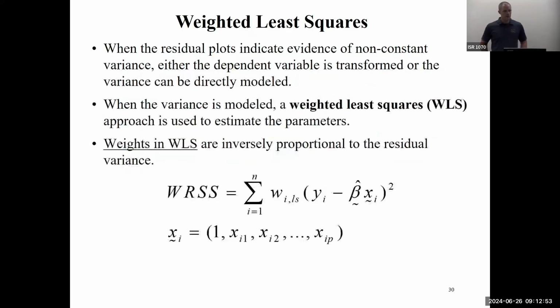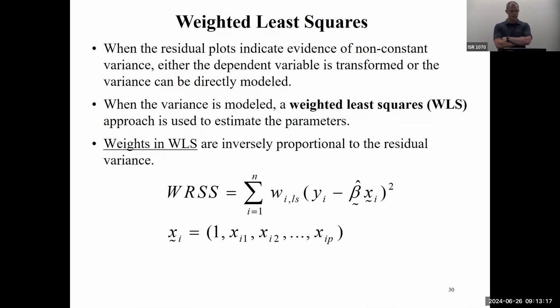Okay, another remedial solution when the diagnostic plots don't look good, and this will lead into our discussion today, is weighted least squares. When you look at those residual plots, and you find evidence of non-constant variance or heteroscedasticity in the residuals, you could either transform the dependent variable or model the variability of the dependent variable directly.